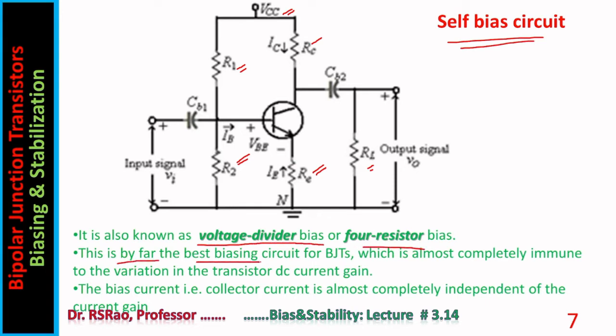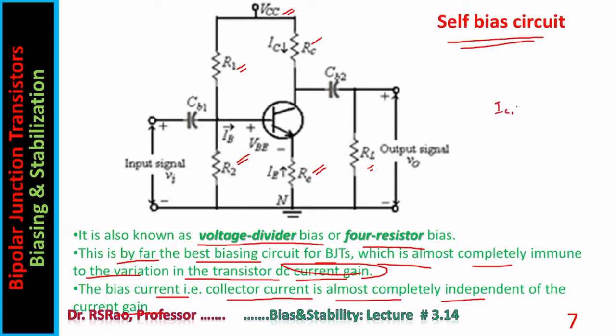This is by far the best biasing circuit for BJTs, which is almost completely immune to variations in the transistor DC current gain. The bias current, collector current, is almost completely independent of current gain. So notice operating point means IC, VCE. IC is output current. Temperature variations cause beta to change, resulting in changes in IC.